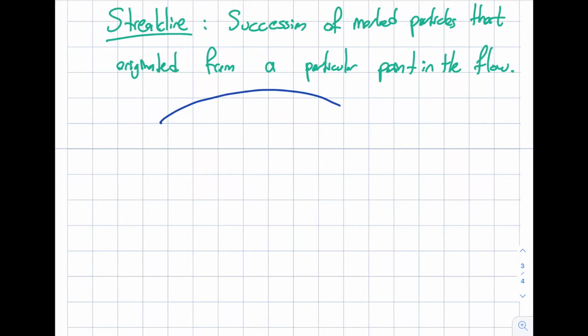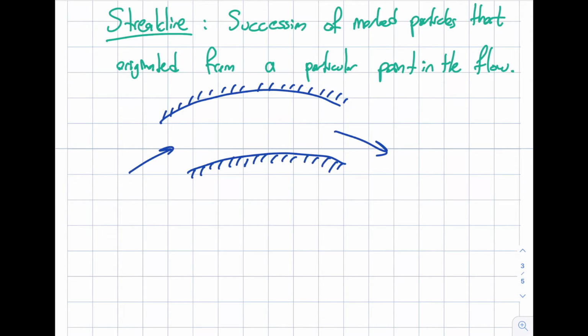Let me give the same example that I have over there. Obviously, again, I'm going to repeat one more time, but if this is a steady flow, then streakline and streamline, I don't even have to talk about this. It's the same thing. But basically, what I can do in here is, let's say that this is the top view. Let's say that there's some velocity over here and the velocity over there.